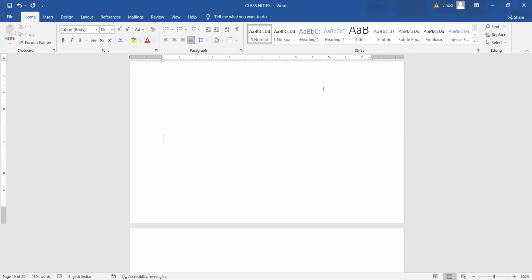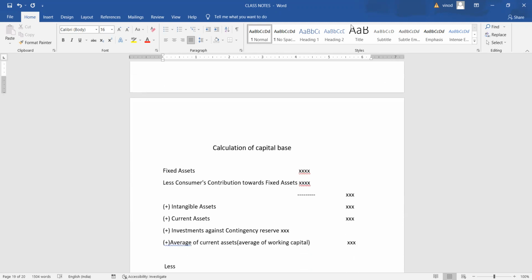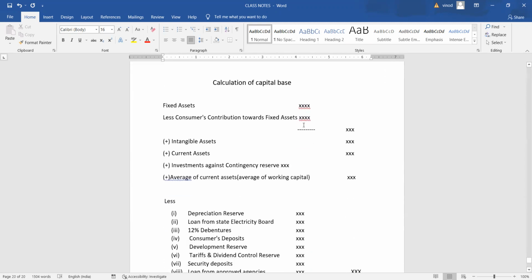These two types of problems you are going to get. In the examination, you will get one problem from the net revenue account and general balance sheet. The second problem will be from capital base and reasonable return. Let's see what the capital base is and how to calculate it.